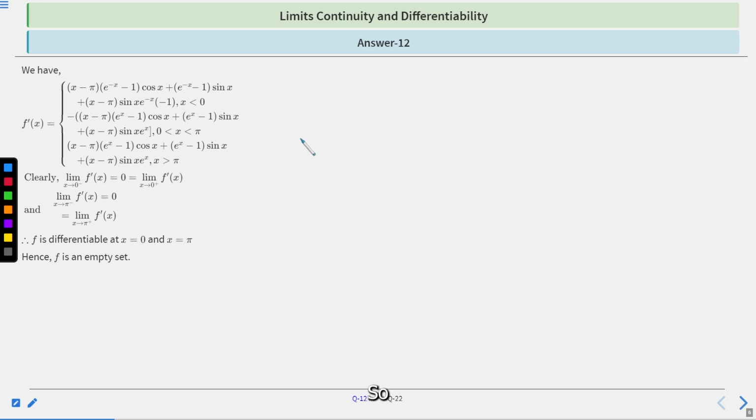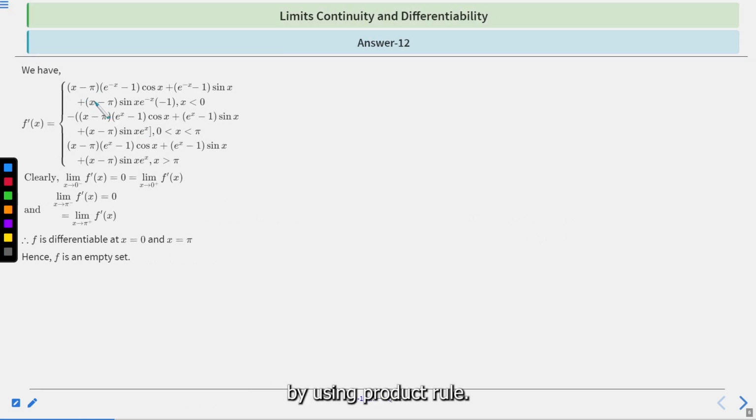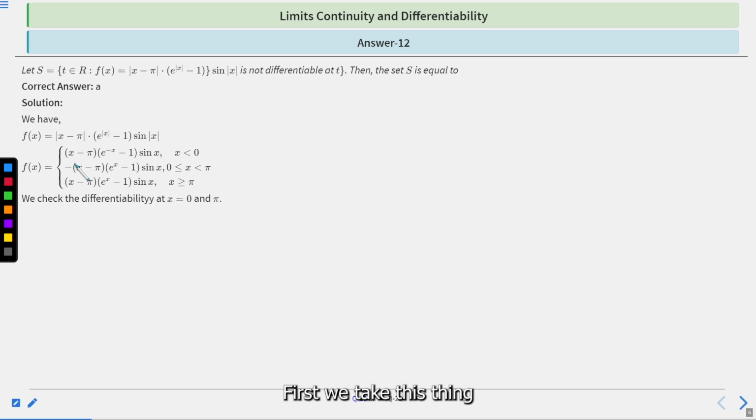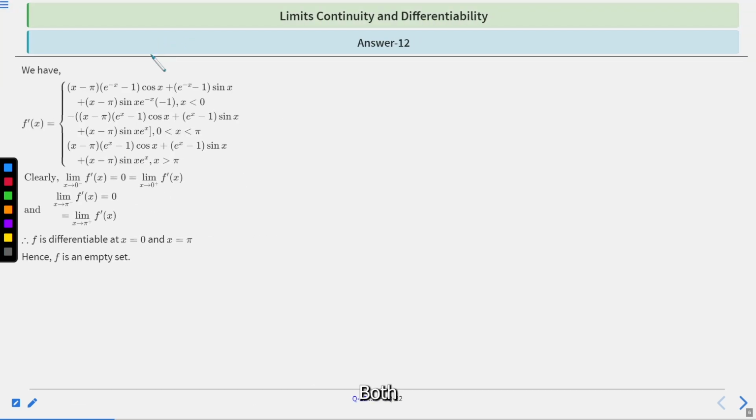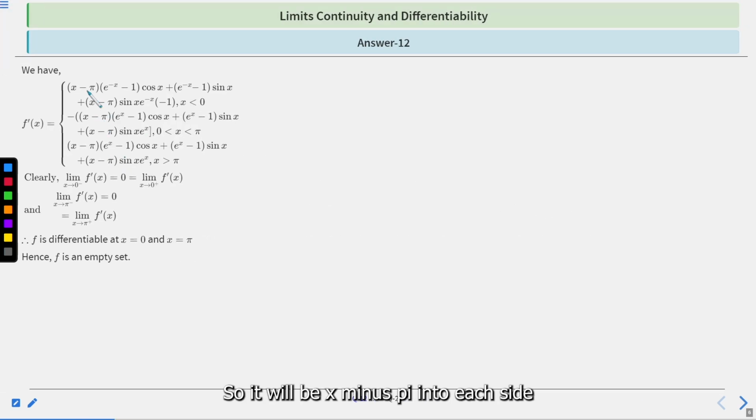So now let's differentiate it. F dash x, when x is less than 0, we have to use the product rule. We take (x − π) e^(−x−1) common and differentiate sin x, giving (x − π) e^(−x−1) cos x.